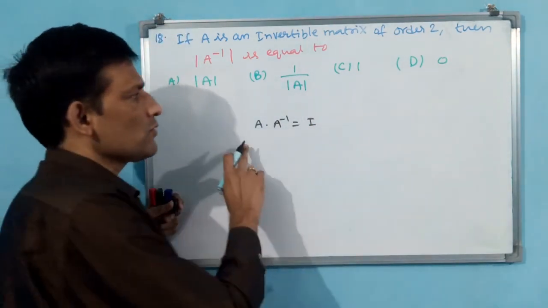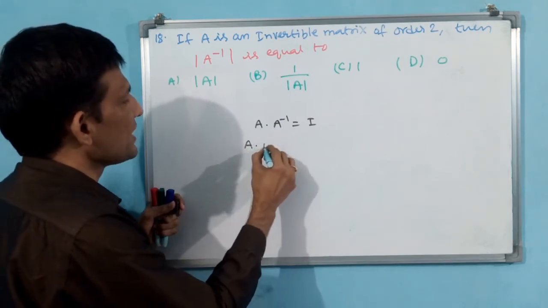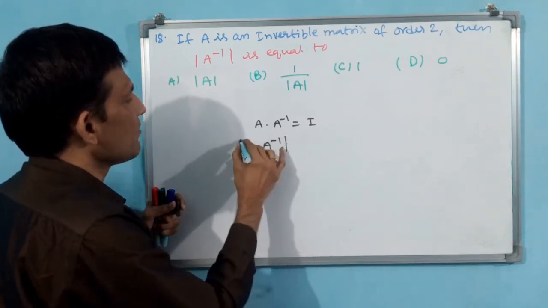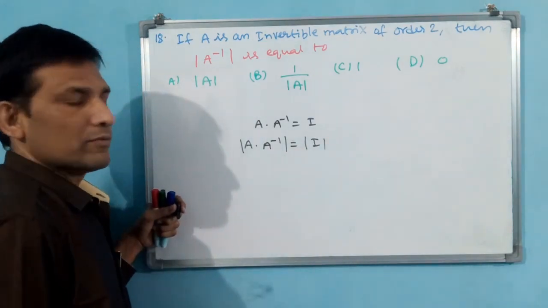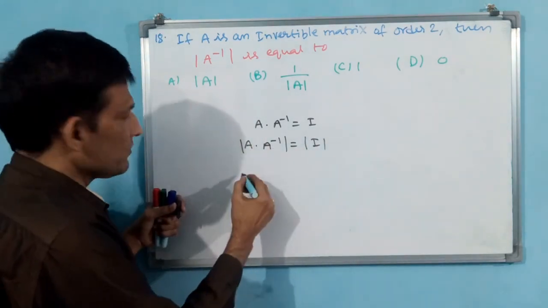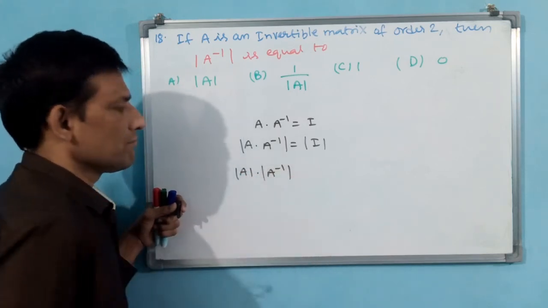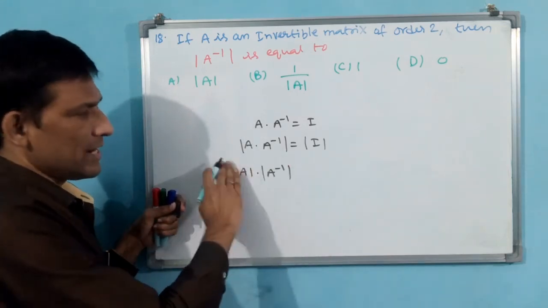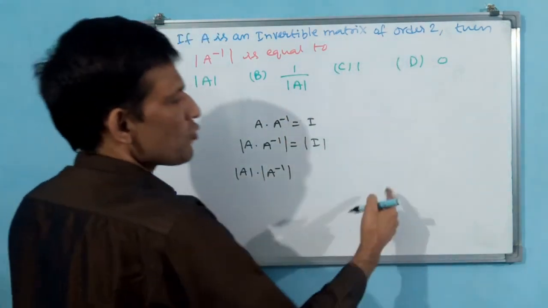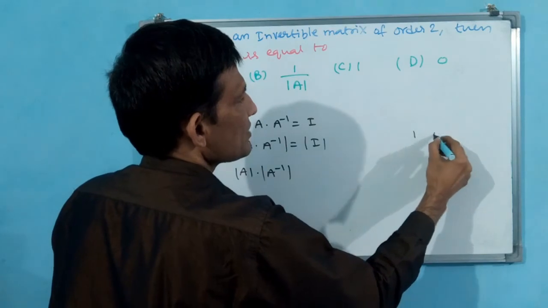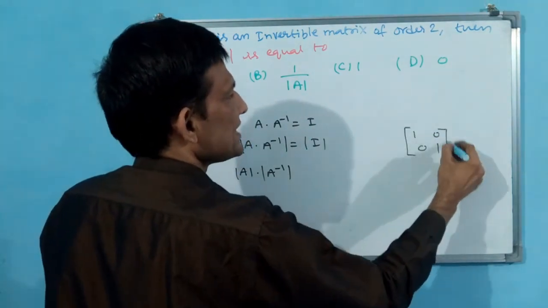Now, see, determinant A inverse means we will put determinant both sides. Determinant of A inverse A is equal to determinant of I. This will become determinant A into determinant A inverse. Is it okay? This side I will tell you. See, what is I? I of 2 by 2. 2 by 2 means, you see, 1 0 0 1. That's all, a matrix.